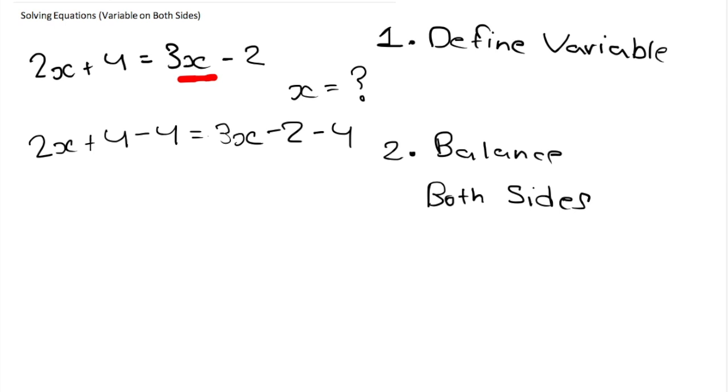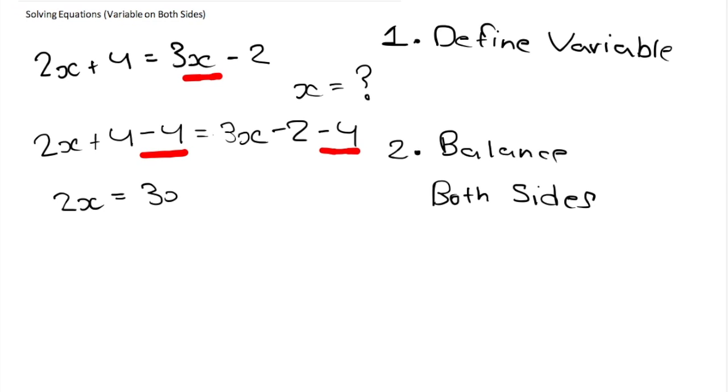As you can see, since I subtracted the left side of the equation by 4, I also subtracted the right side of the equation by 4. Now we can simplify this equation even more. We can say that 2x is equal to 3x, and then negative 2 minus 4 is equal to negative 6.